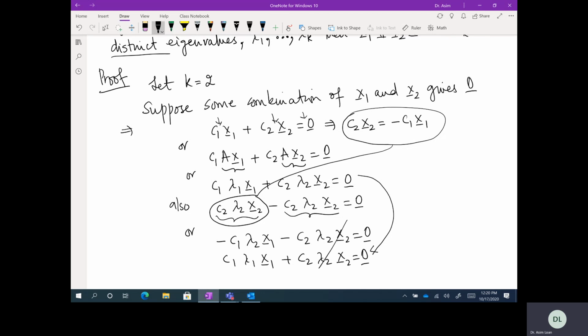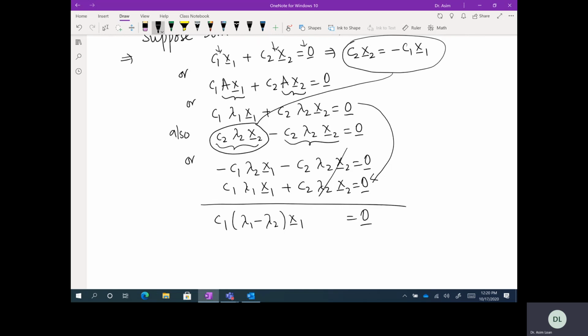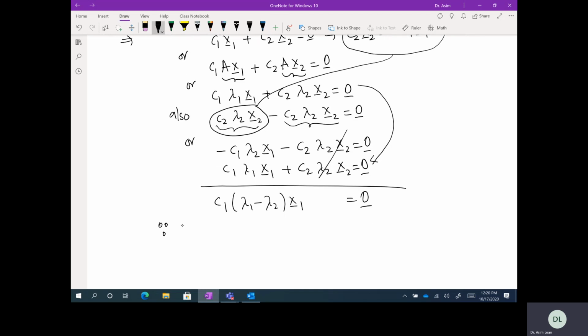So this cancels, and I am left with c1 times (lambda 1 minus lambda 2) x1 equals 0, because lambda 1 is not equal to lambda 2 and x1 is not equal to 0, because this is an eigenvector.